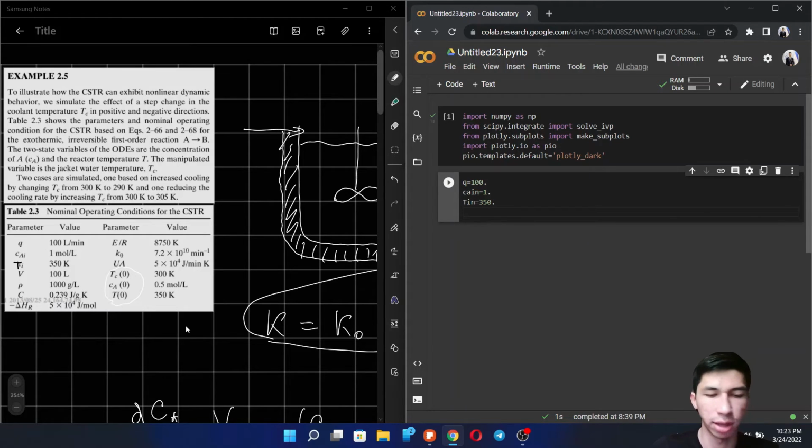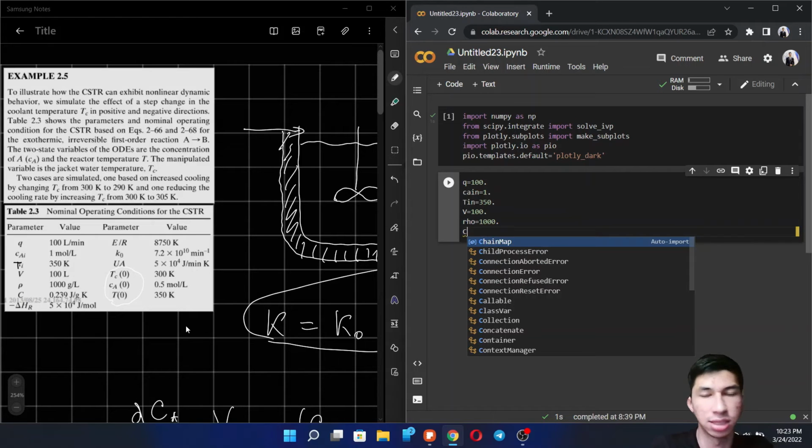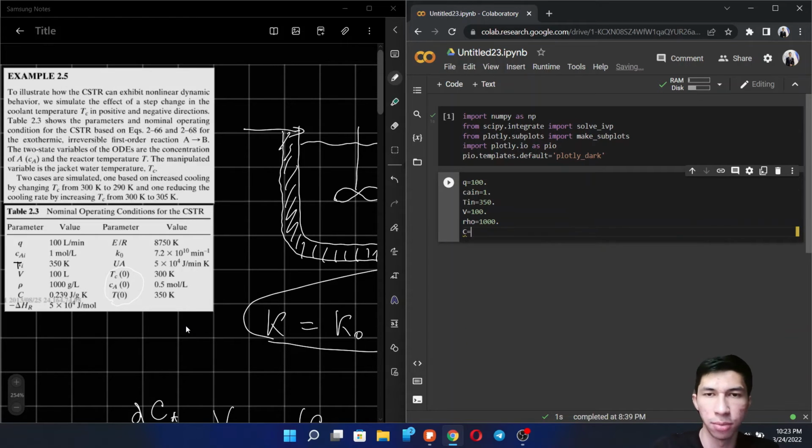Okay, so then our next value is going to be our volume, which is 100 liters, right? And then we need our rho, which is equal to 1000. And the next one is the heat capacity. I'm just going to make it equal to C. It's going to be 0.239.